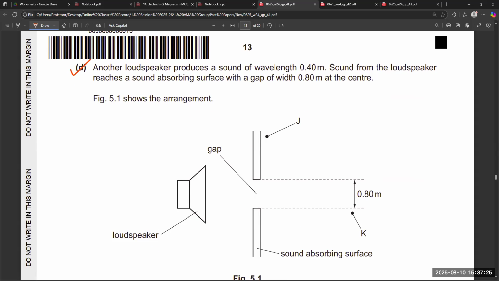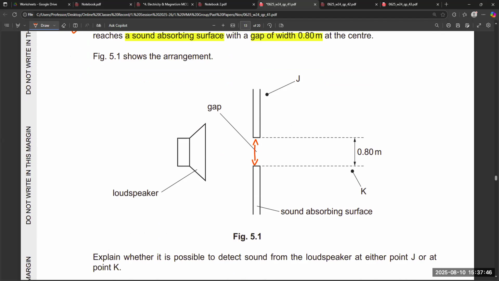Okay. D part, another loudspeaker produces a sound of wavelength 0.4 meter. Sound from the loudspeaker reaches a sound absorbing surface with a gap of width 0.8 meter at the center. So this is the gap of 0.8 meters.